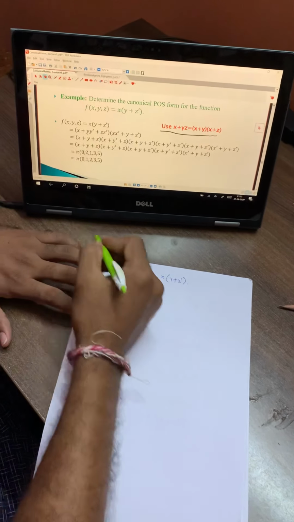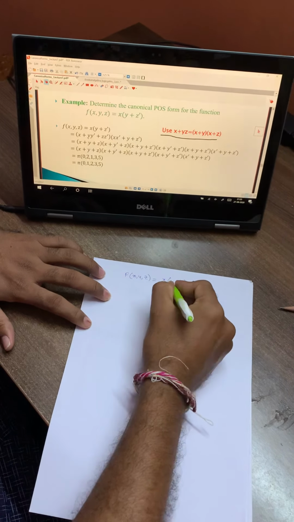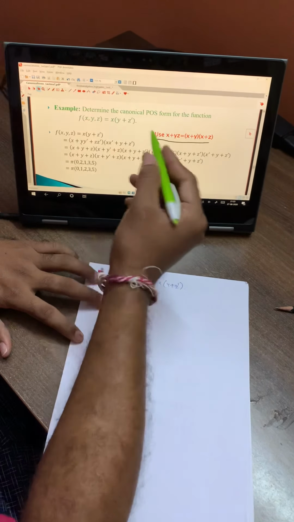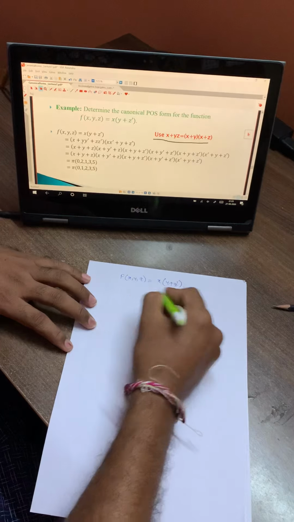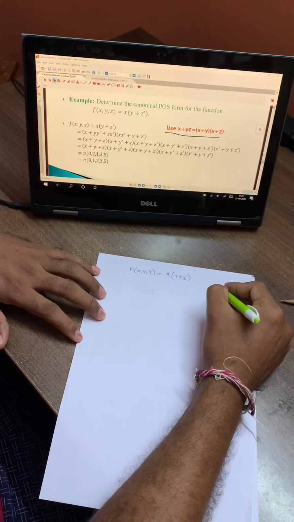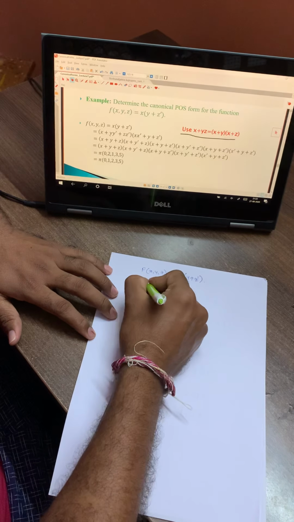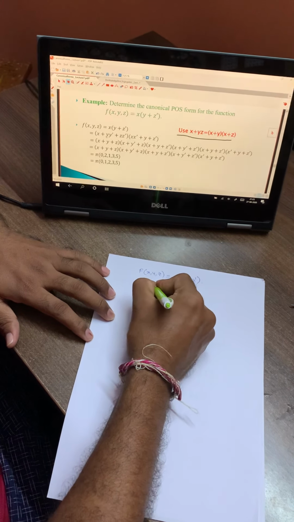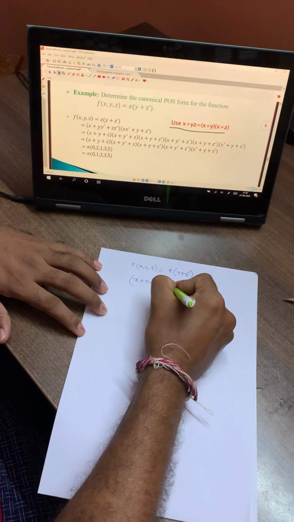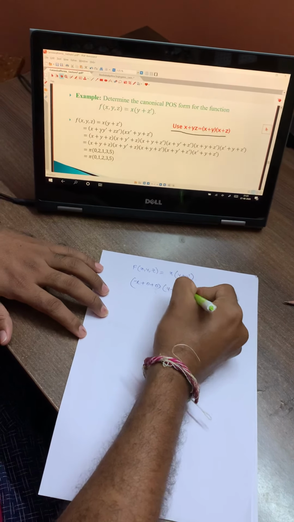So for that, let us take the expression x plus y, x into y plus z bar, that is given, and convert it into standard POS form. What are the terms we are missing, we are going to write. So x can also be written as x plus 0, and y plus z bar plus 0.